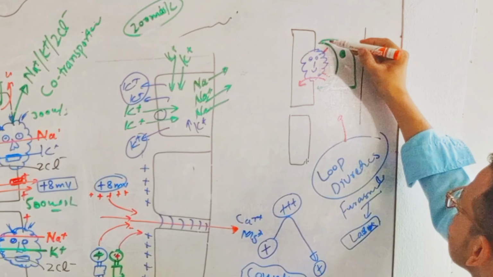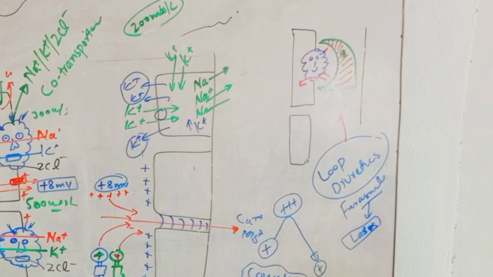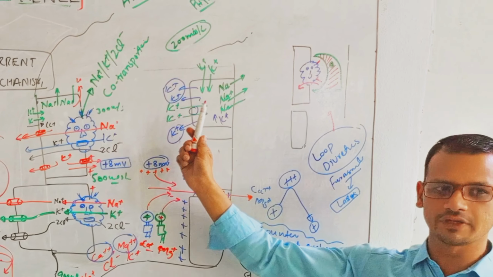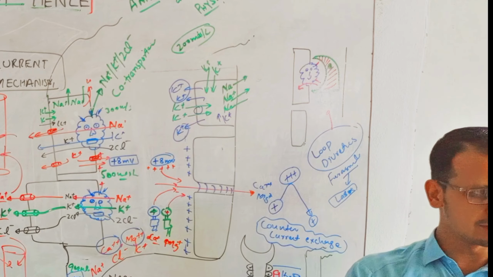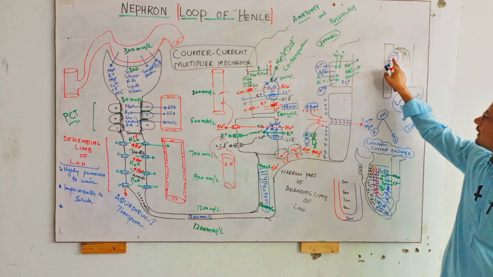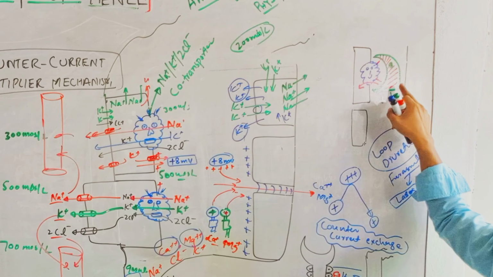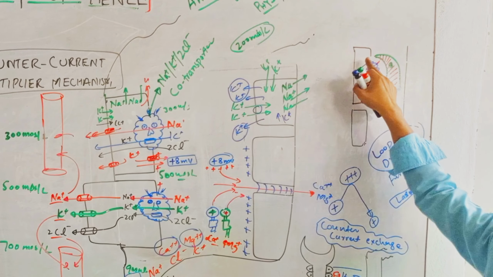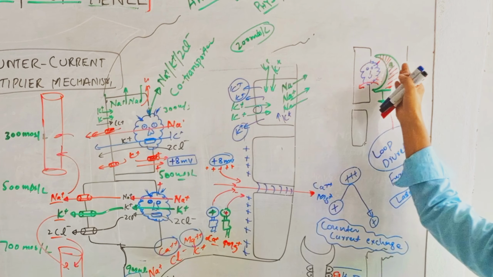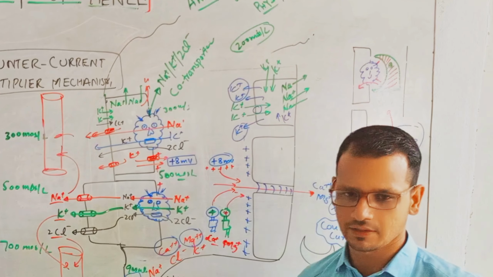This loop diuretic inhibits this transporter, and when this transporter is inhibited, the chloride and sodium cannot leave the lumen and the urine amount is increasing. So this is the role of the sodium potassium 2 chloride co-transporter: when the loop diuretic is attached to this transporter, it is inhibited, and now the sodium, chloride and potassium are not able to go into the interstitium from the lumen of the tubes, right?